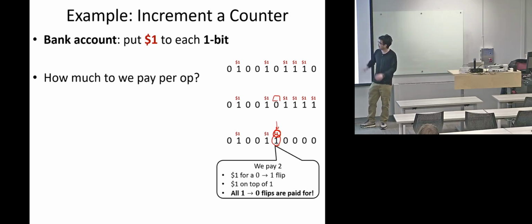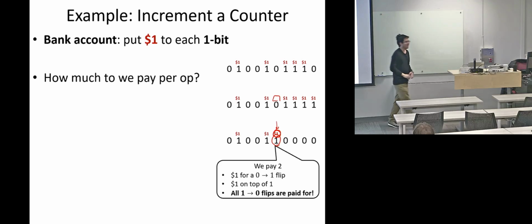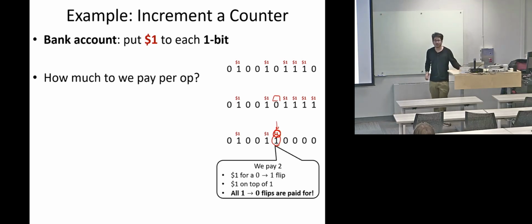You don't need to even think about this. You have $1 on it, so it's free. On each day, there's only 1 flip from 0 to 1, so I just keep paying 2.